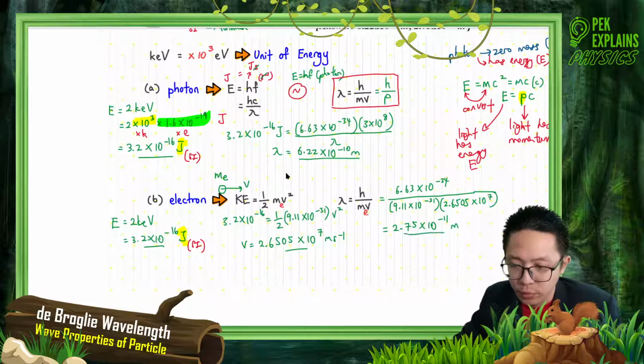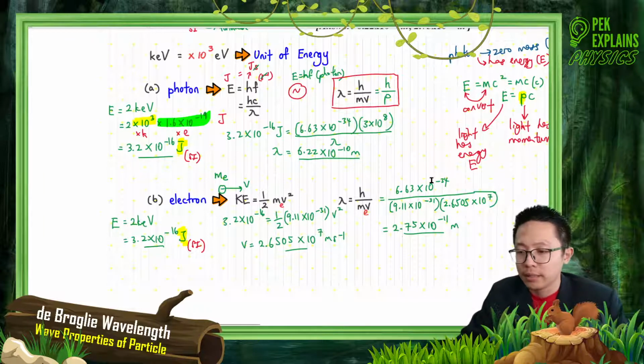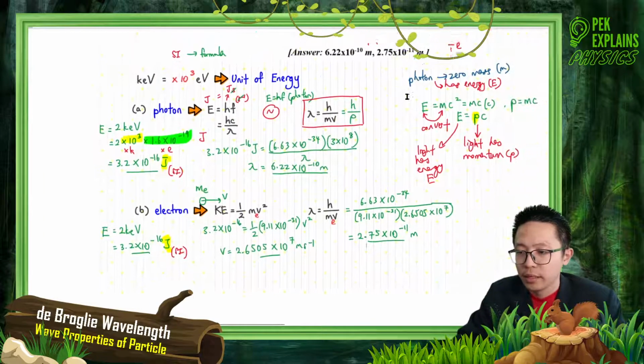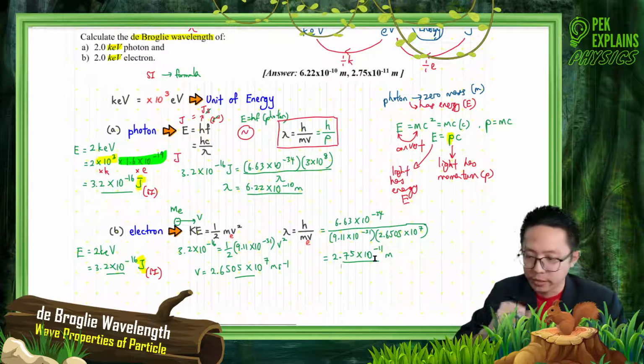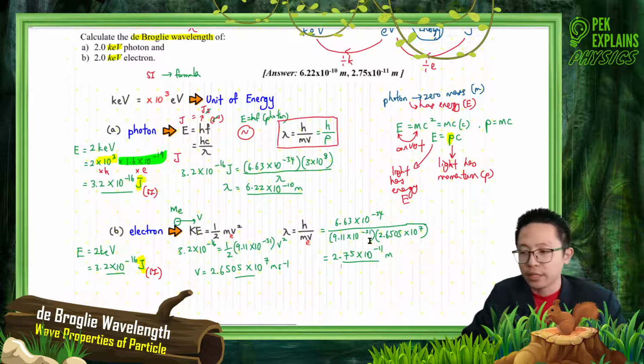Yeah, this is the wavelength in meter. So did I get the answer correct? The first question is 6.22 exponent negative 10. That's correct. The second question is 2.75 exponent negative 11 meter. That's correct. Okay, so that's all for this question.